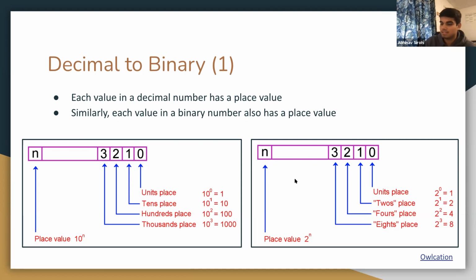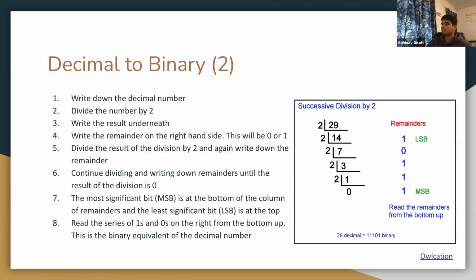Based on that concept, this method is derived to convert decimal numbers to binary numbers. You write down the decimal number. Let's say we want to convert the number 29. You write it down, divide the number by 2, and write the result underneath.